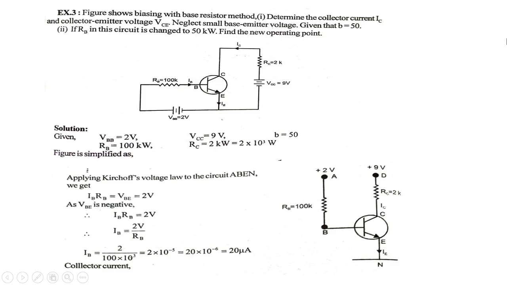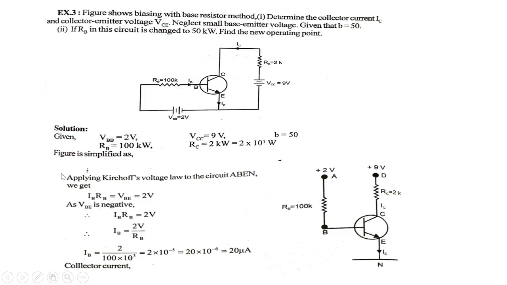Now in the example, given quantities are VBB equal to 2 volt and RB equal to 100 kilohm and VCC equal to 9 volt, RC equal to 2 kilohm equal to 2 into 10 raised to 3 ohm and beta equal to 50.